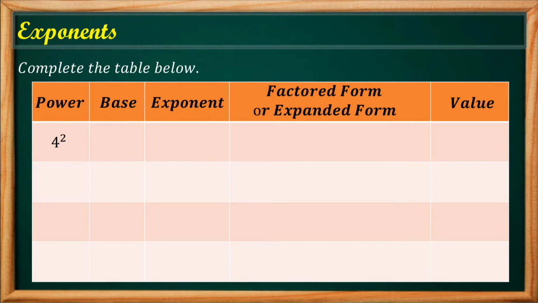Ibig sabihin, meron siyang exponent. What is our base? The base is 4 and our exponent is 2. Then the expanded form: ilang 4 ang minultiply natin? Dalawa, therefore 4 times 4. And the value is 16.